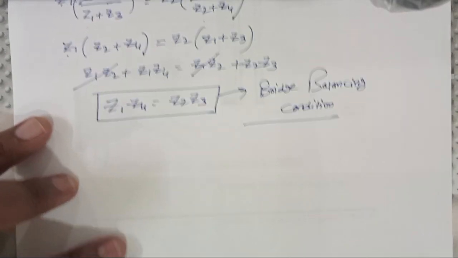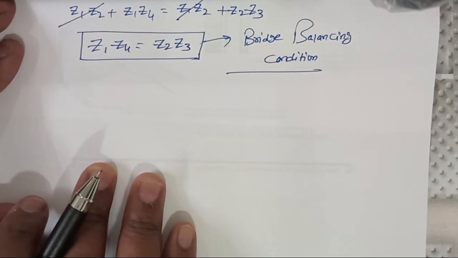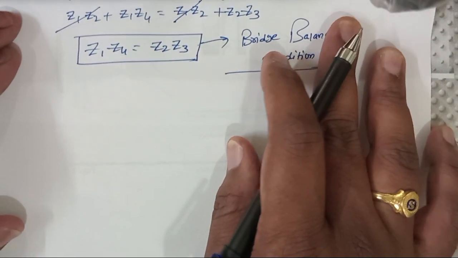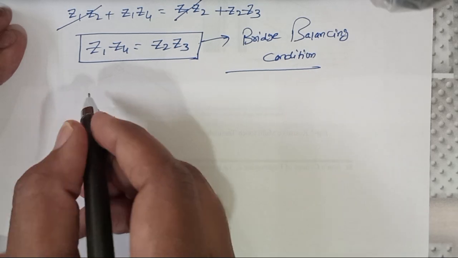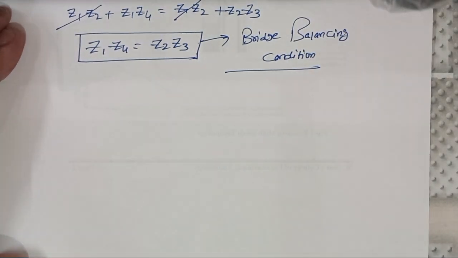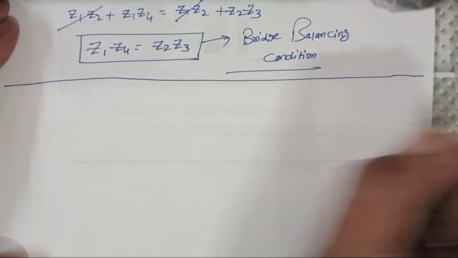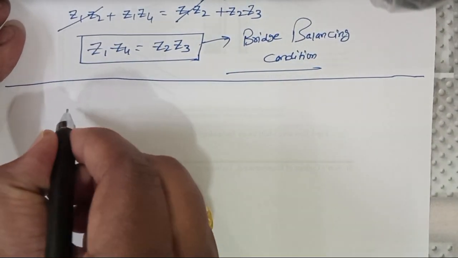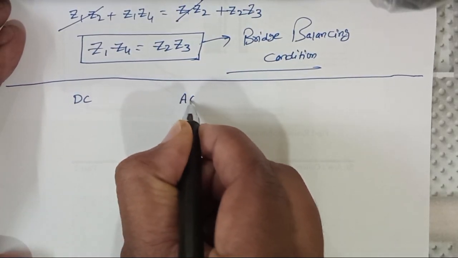Now, to analyze any AC bridge, we have to follow some standard specifications. These are very important points you have to remember from the DC and AC point of view.